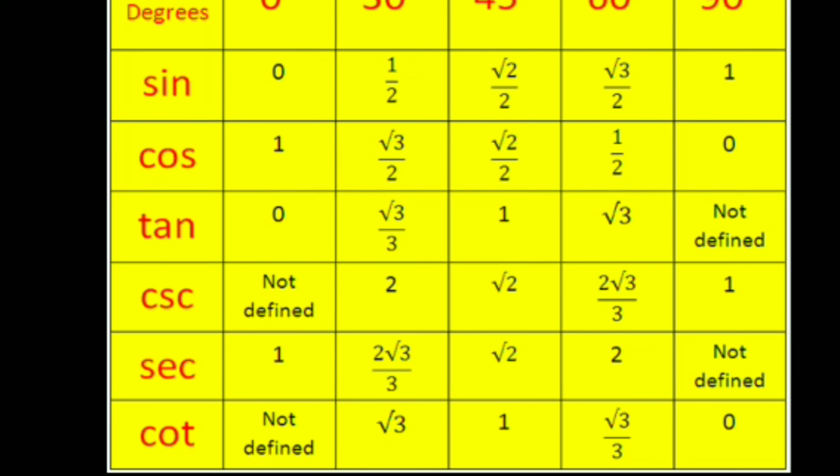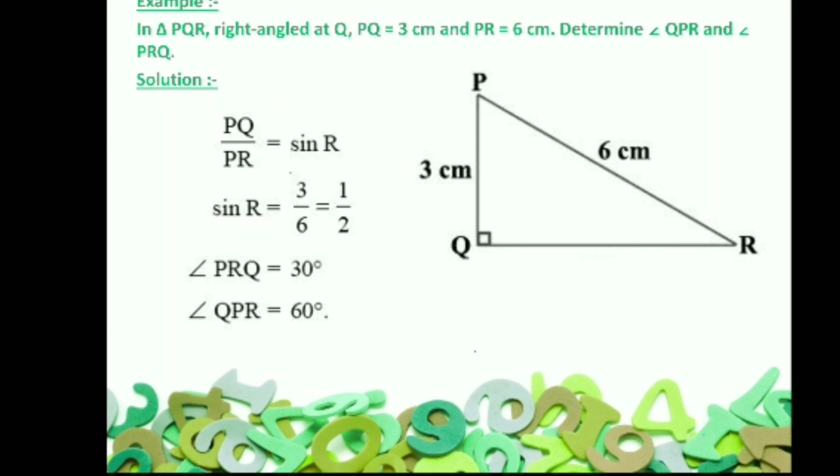Now some questions based on this application. Example first: in triangle PQR, right angle at Q, PQ is equal to 3 centimeters and PR is equal to 6 centimeters. Determine angle QPR and angle PRQ. Now here the ratio is given and we need to find the angles. Which sides are given?